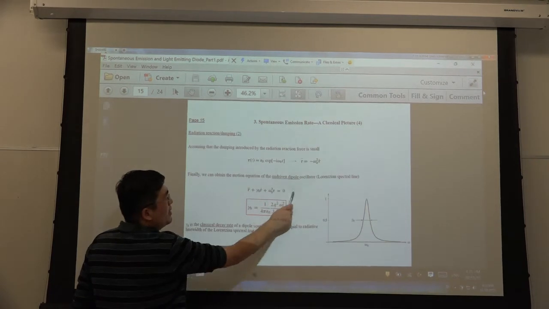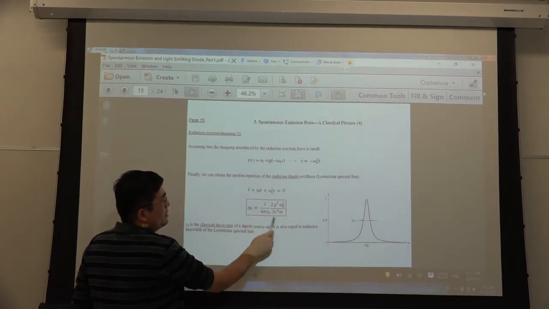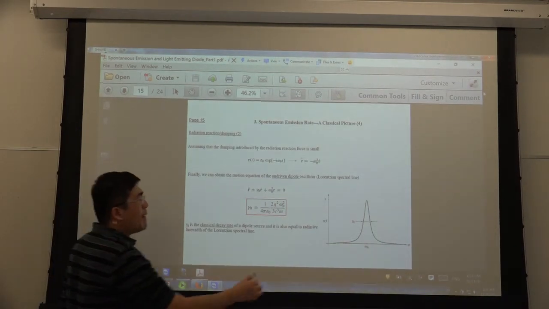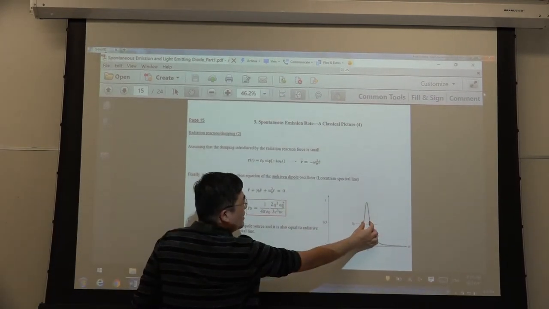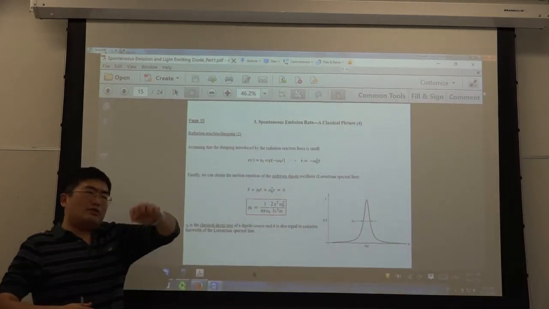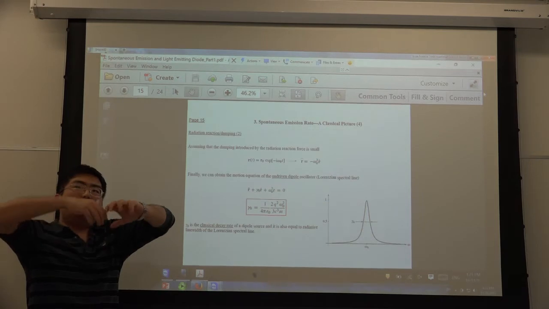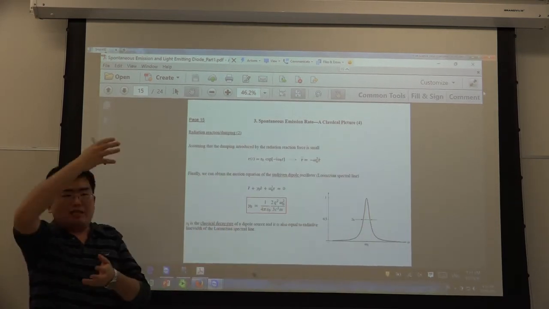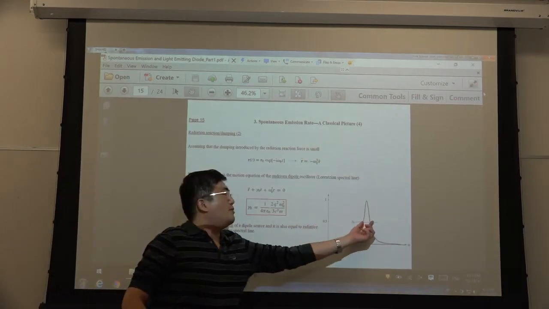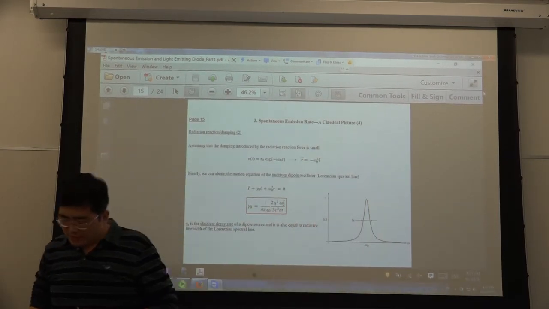So put them together, I get that gamma 0 is something like this. This is the bandwidth, just the decay rate. When the electron dipole radiates the electromagnetic wave, it will decay. It has a bandwidth. They call it gamma 0.